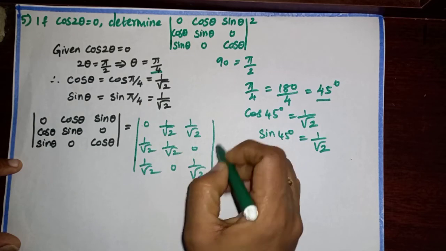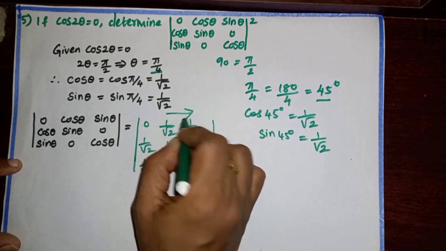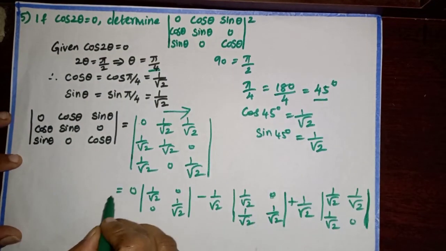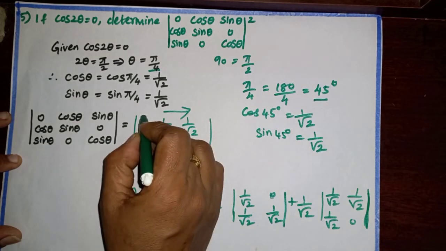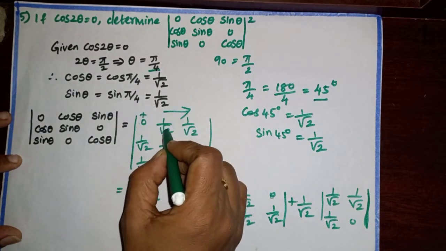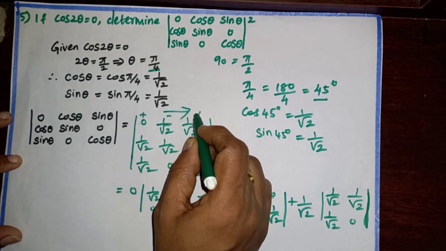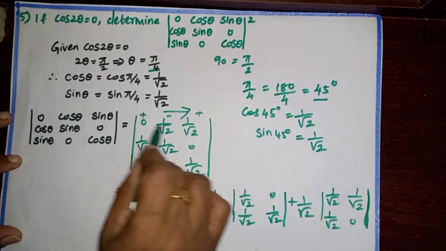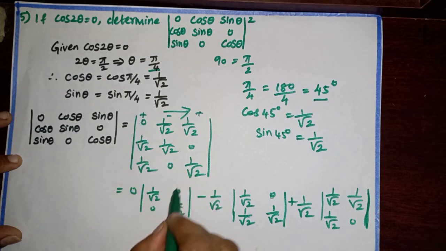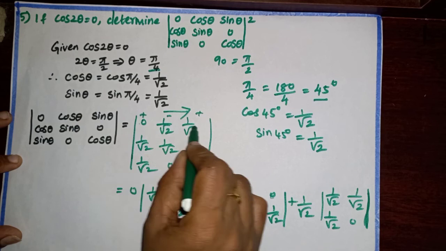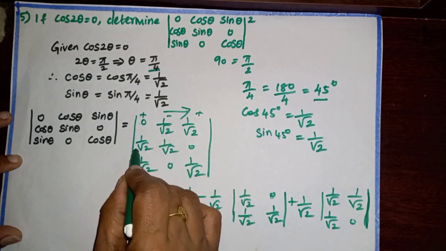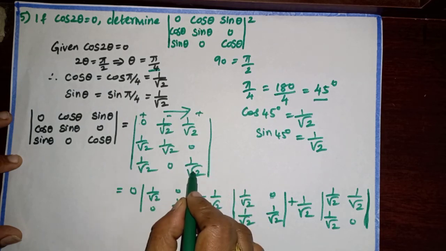Now we are going to expand this determinant along R1, which is equal to 0. 0 is in 1, 1, so positive. 1 by root 2 is in 1, 2, so negative. 1 by root 2 is in 1, 3, so positive. So 0, delete the first row and first column, we have [1 by root 2, 0; 0, 1 by root 2]. Minus 1 by root 2, delete the first row and second column, then we have [1 by root 2, 0; 1 by root 2, 1 by root 2].